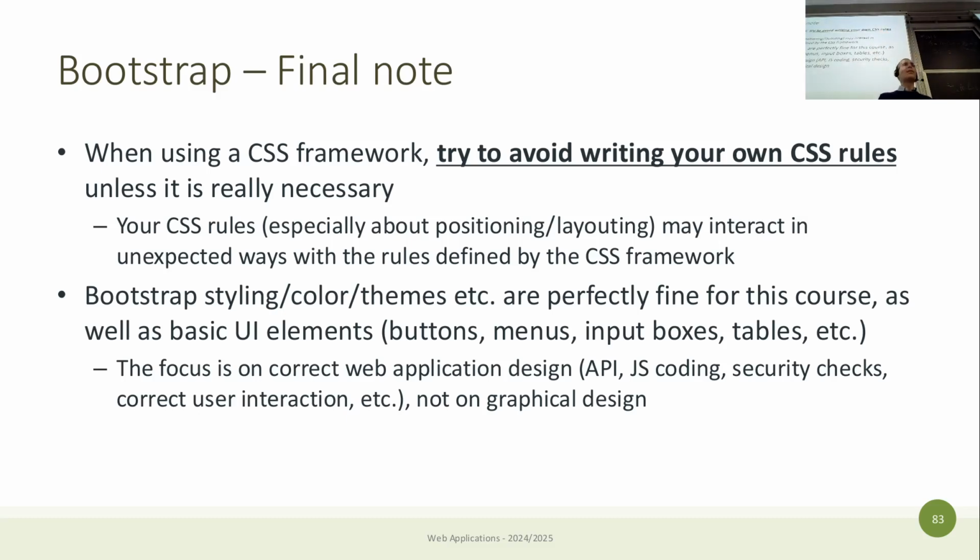We require a button, somewhere a button should be present. Fine. But just use the default Bootstrap. We don't care if it's green, red, or blue, unless we asked for colors. We really don't care about these things. Just use these defaults, which are fine for us. Okay?